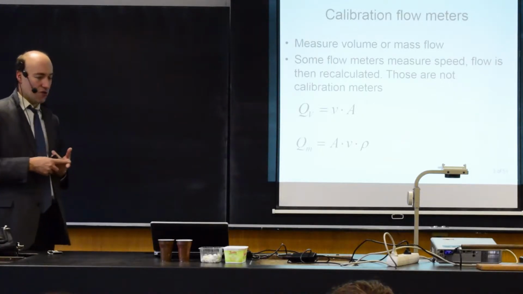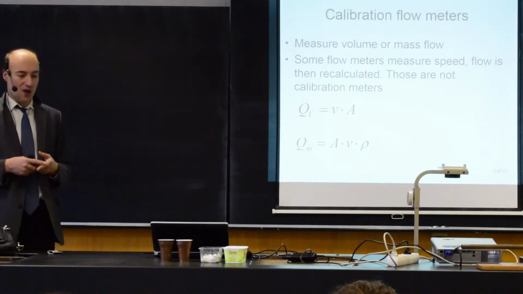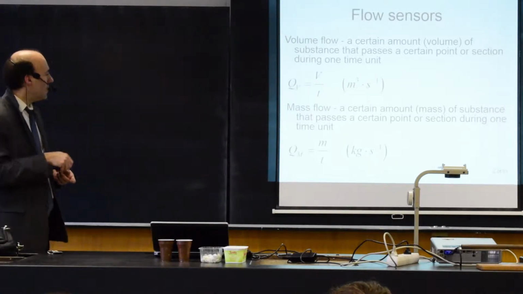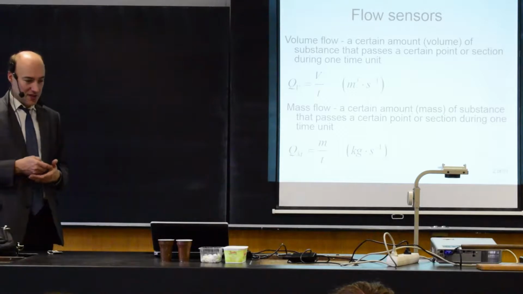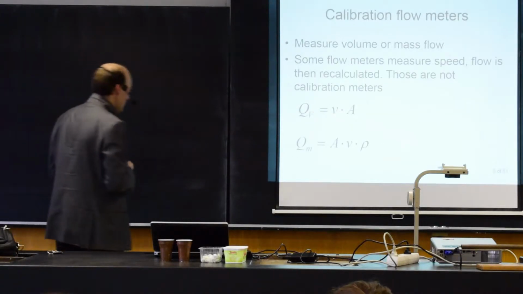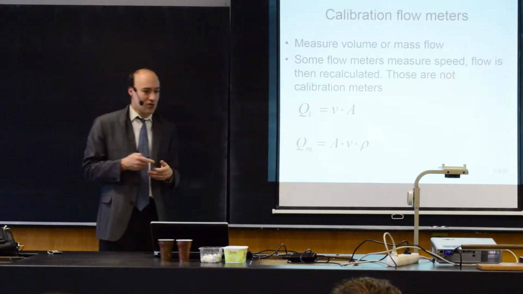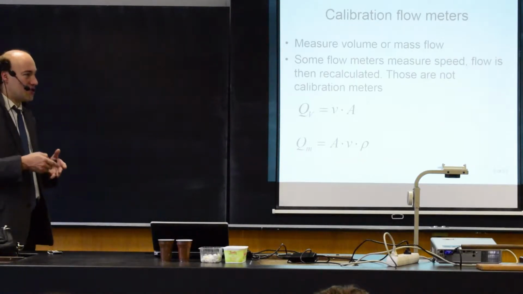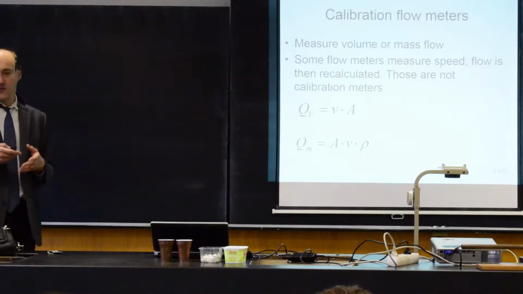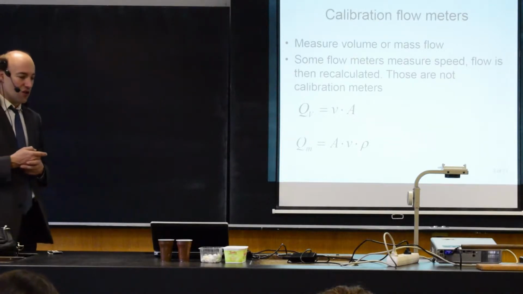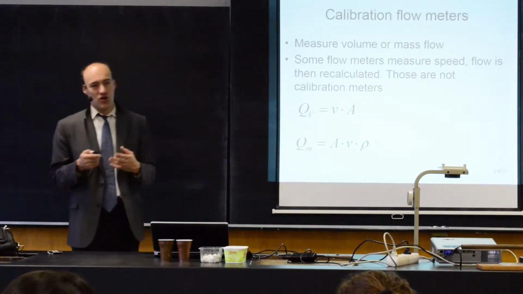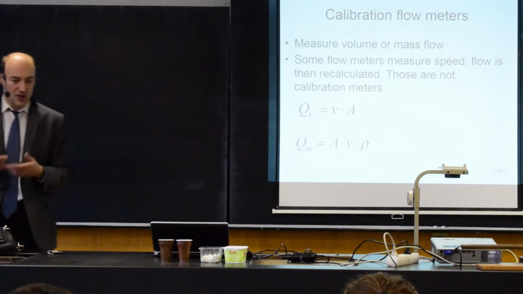We can also use some other way to measure flow, besides those two definitions of flow. It is typical for industrial sensors that they use some other principle, because the definition principle is not that robust, so it will not be good for industrial environments where you have vibrations, changes of temperature and so on.